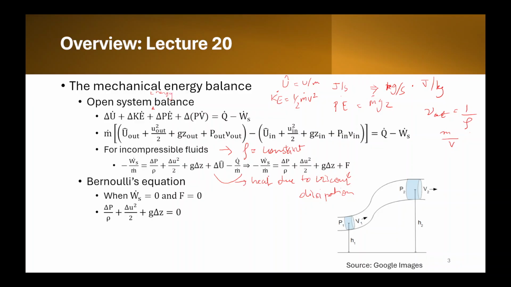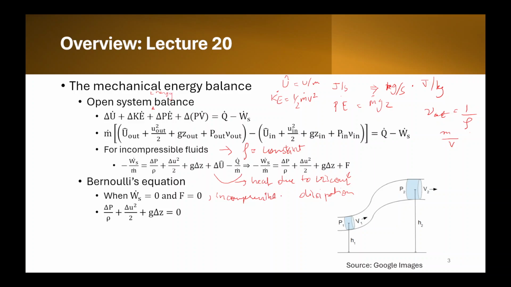Negative Ws dot by m dot is equal to delta P by rho plus delta U square by 2 plus g delta Z plus F. From here you can derive Bernoulli's equation, and it applies when there is no shaft work, no heat due to viscous dissipation, and for incompressible fluids.